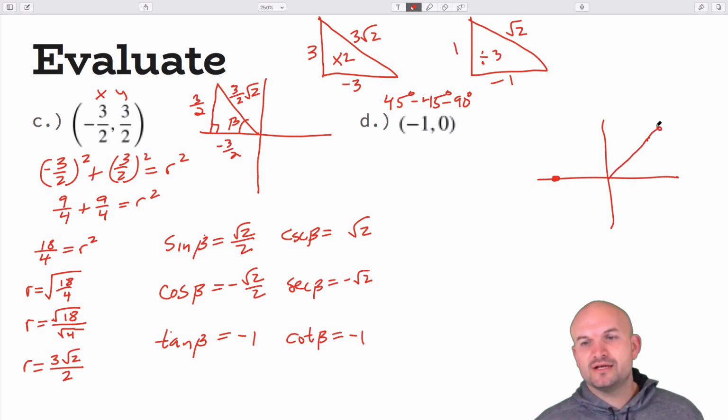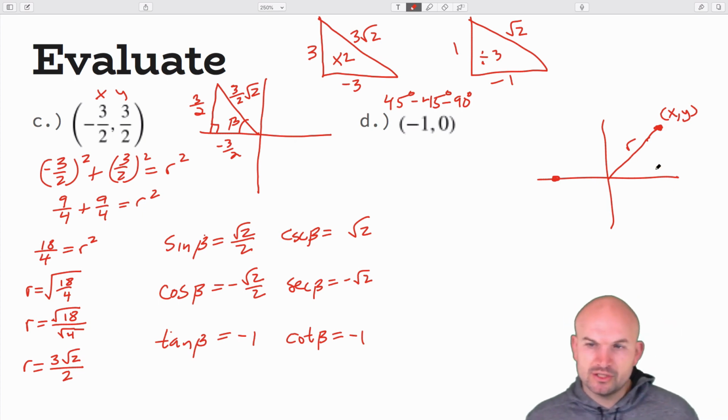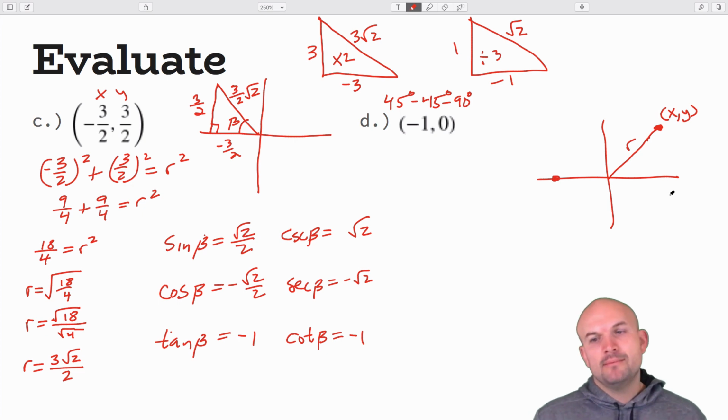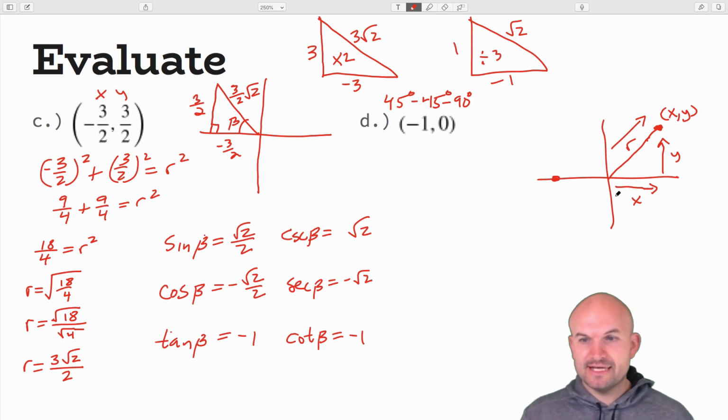I was trying to be really careful when I was describing these values that we're finding, the x, y, and the r. Yes, we can create a triangle, draw a perpendicular line, and go from there. But in reality, remember, x represents this horizontal distance, y represents this vertical distance, and r represents this direct distance, right?